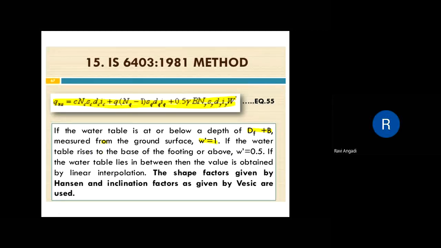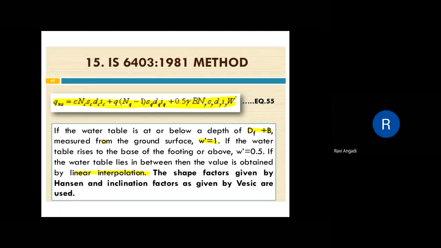If the water table rises to the base of the footing or above, then W dash is to be taken as 0.5. If the water table lies in between, the value is obtained by linear interpolation. Then the shape factors given by Hansen and inclination factors given by Vesic are used. How to calculate the shape and inclination factors, you have taken. So remember those formulas, and whenever you get problems of this kind, apply the IS code method and get the ultimate bearing capacity.